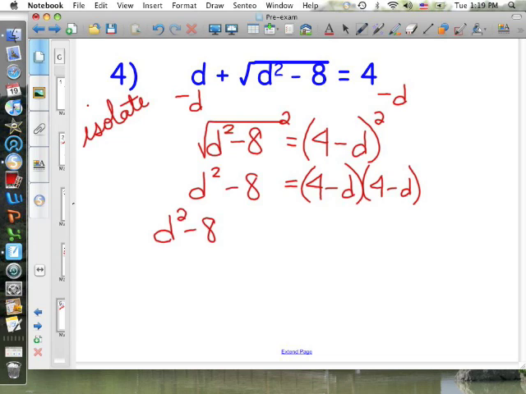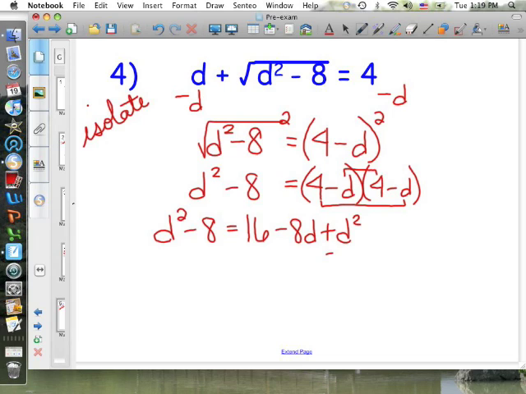All right, so doing FOIL, I have first times first is 16. My outer terms give me negative 4d. My inner terms give me negative 4d to add up to negative 8d. And last times last is positive d squared.